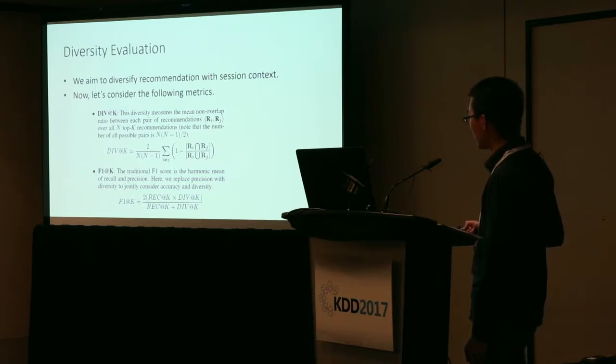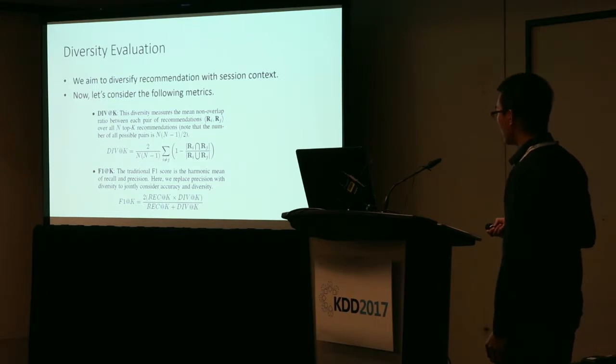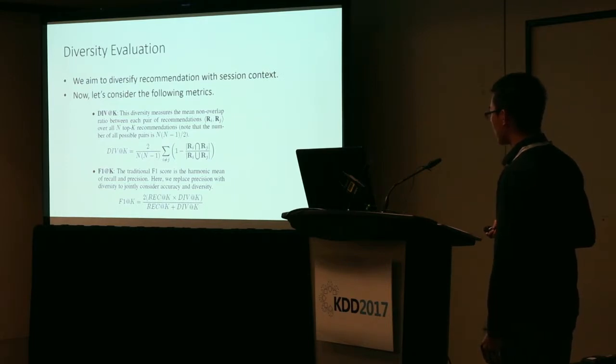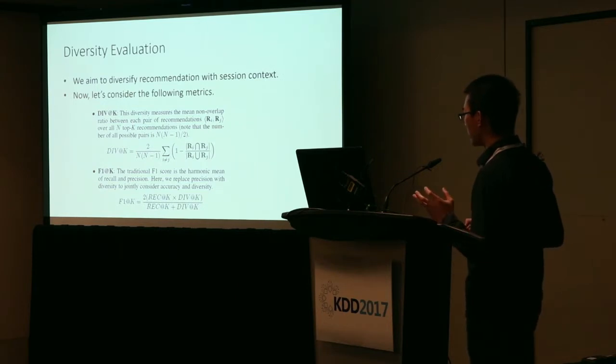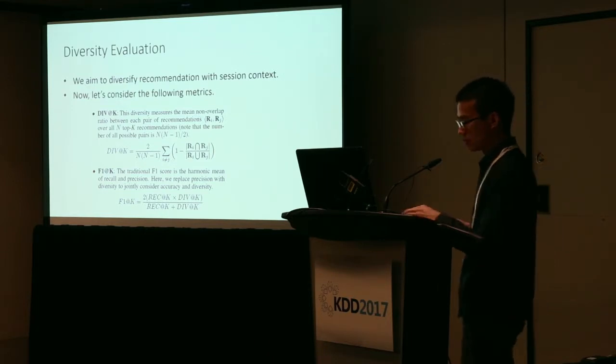Another is F1 at top K. This F1 score is different from the traditional one because we replace the precision with diversity. So we want to examine whether we can improve the diversity without losing accuracy.